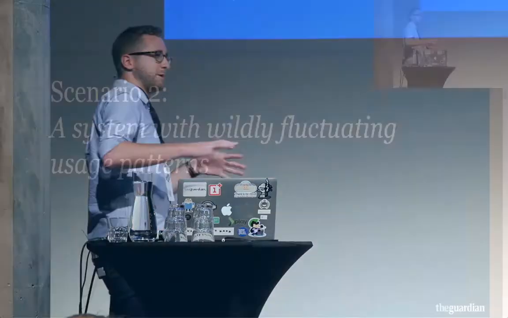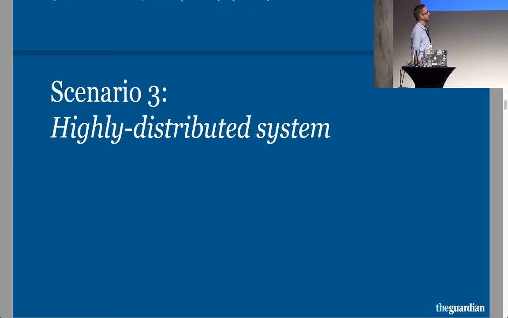And then the last one, and this is a bit more tenuous, is highly distributed systems. For instance, The Guardian's publishing flow, which I'm going to talk about in a little bit more detail soon, goes from our content management system through a series of APIs until we get to our website. There could be something fundamentally wrong with the publishing flow, but because you've got monitoring on each individual tool in each individual place, the signals that something's wrong might not actually be that strong.